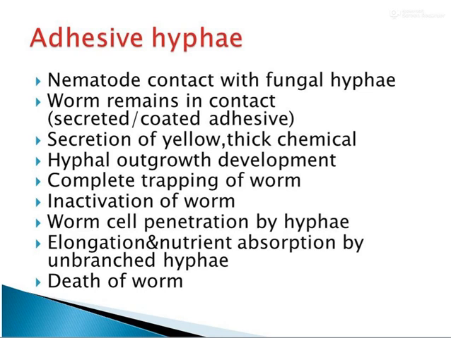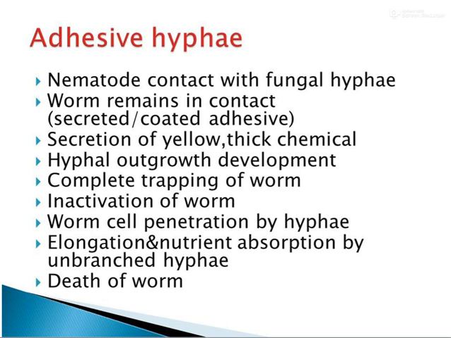Now coming to adhesive hyphae, the nematode can come in contact with the fungal hyphae, and the worm remains in contact with the hyphae because of a sticky secretion which has been released by the hyphae.